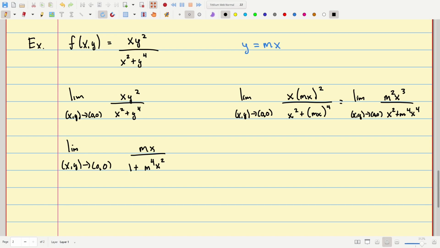Now that I've rearranged this expression to be in this form, I can take the limit because there's no danger of me ending up with 0 in the denominator. This is a continuous function of one variable. Everything I know about limits I can still use.